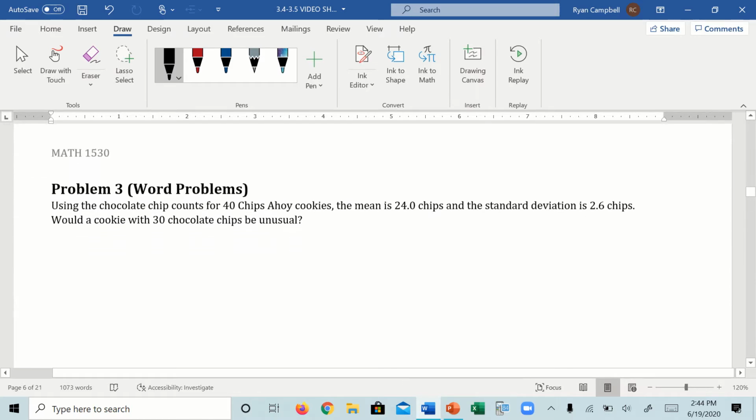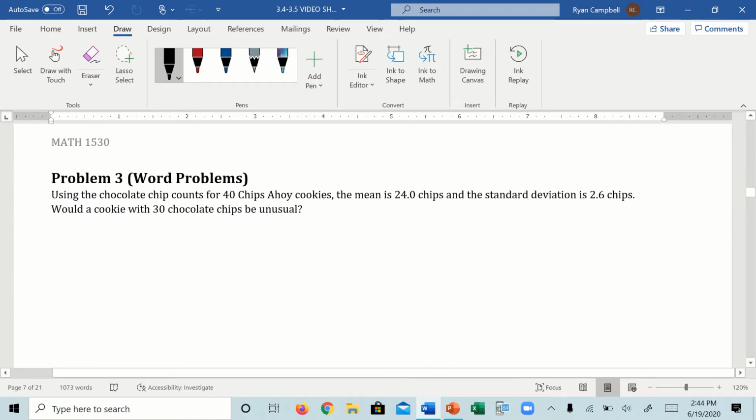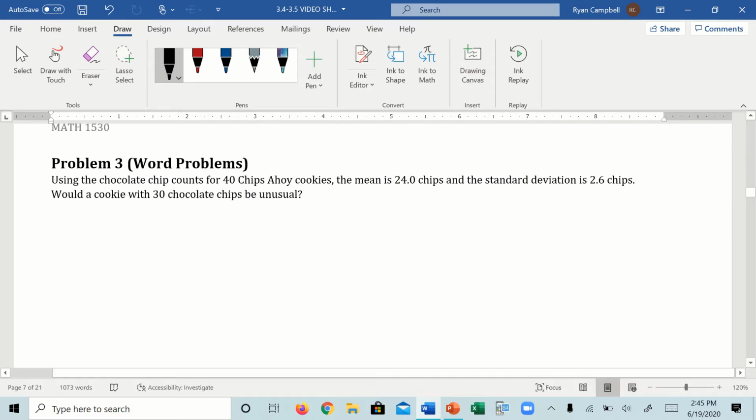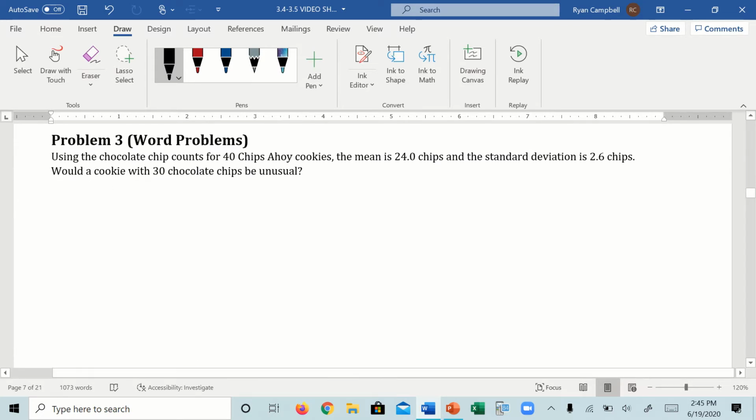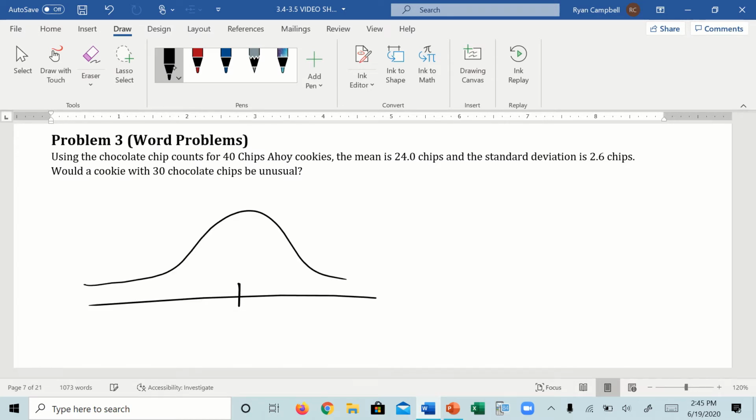All right, so problem number 3 on the word problems. Using a chocolate chip count for 40 chocolate chip cookies, the mean is 24 chocolate chips and the standard deviation is 2.6. So would 30 cookies be considered unusual? If we have our mean of 24.0 and we add 2 standard deviations to it, what do we end up with?